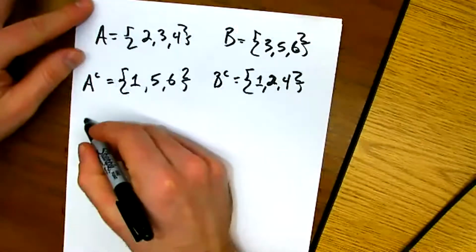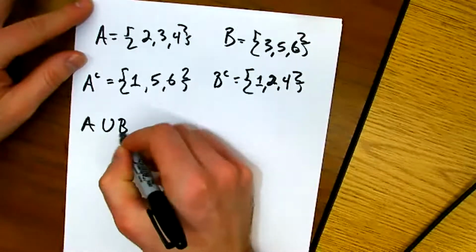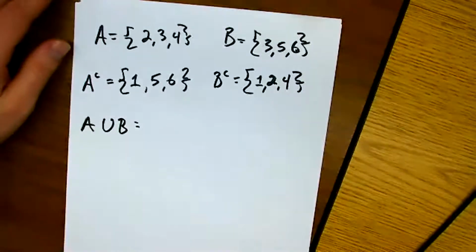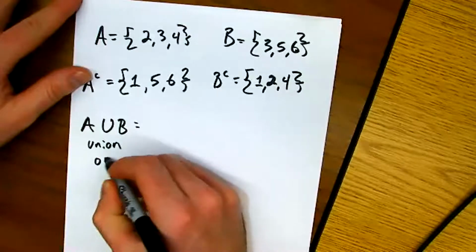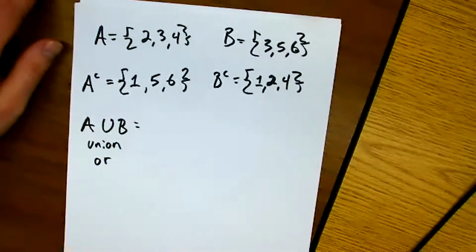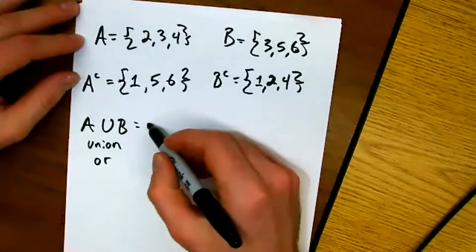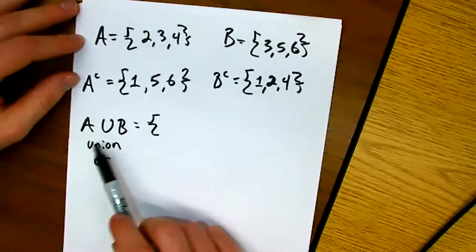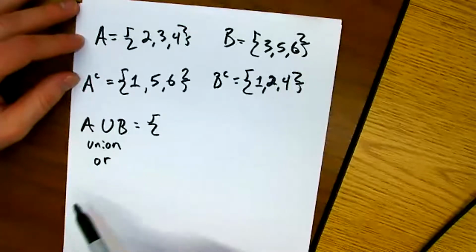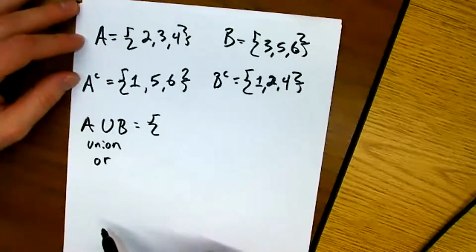So what if I'm thinking about the union of these two events? We say this is our union, or am I in A or am I in B, right? So how would I write the union of A and B? Is it in A or is it in B? What are the outcomes that would meet that criteria?